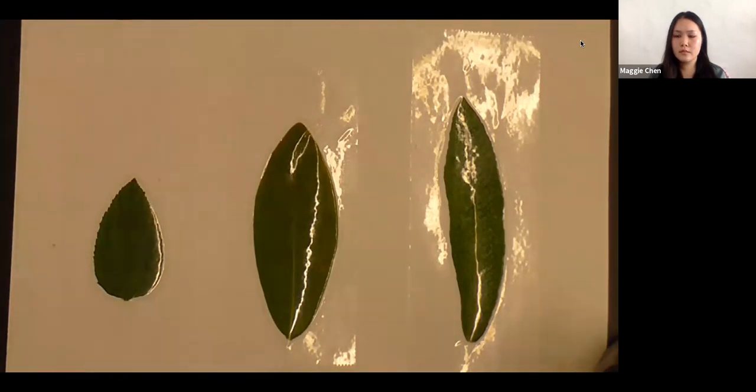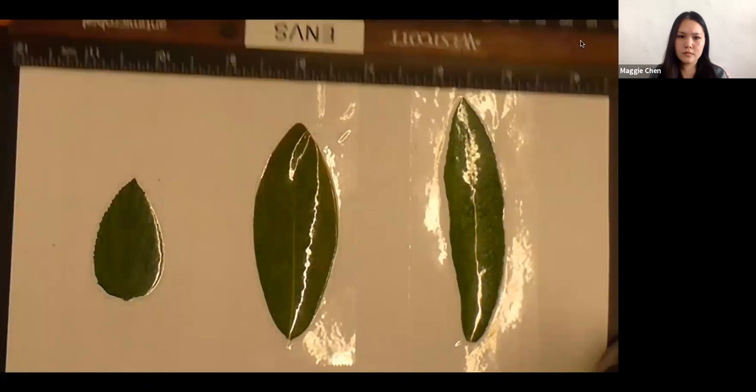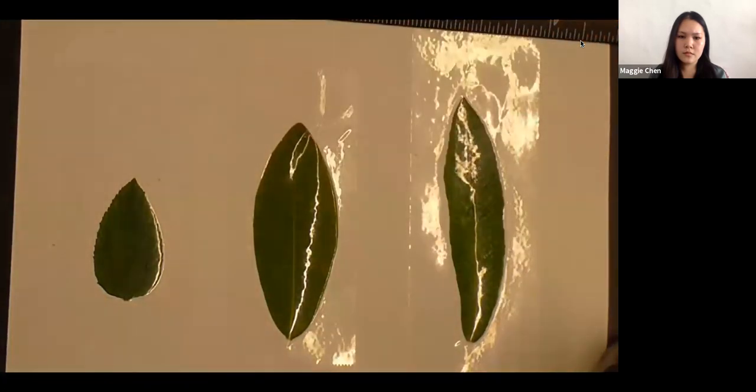So what I will be doing today is demonstrating in this video measurement techniques for our ruler and our caliper with the California bay laurel.